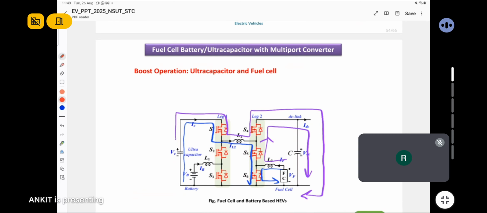In boost operation from the ultra capacitor and fuel cell, switch S6 will be PWM operated. Inductor L3 will store the energy, and through the body diode of switch S5 and S4, it will supply the energy to the load.